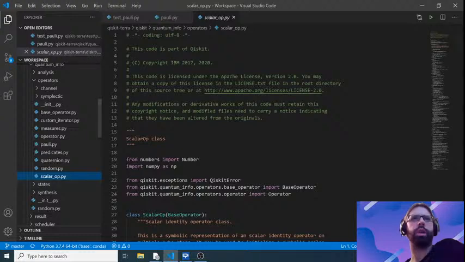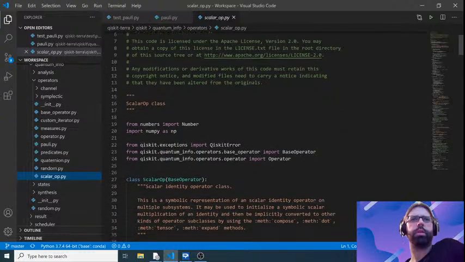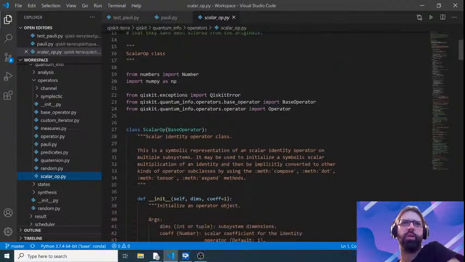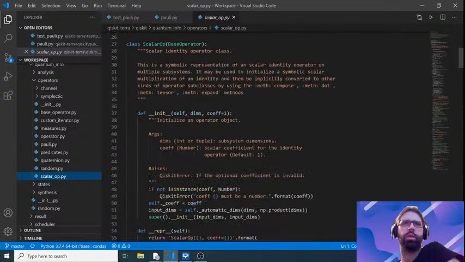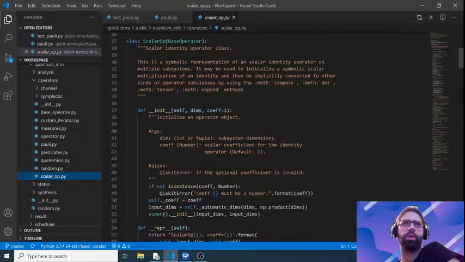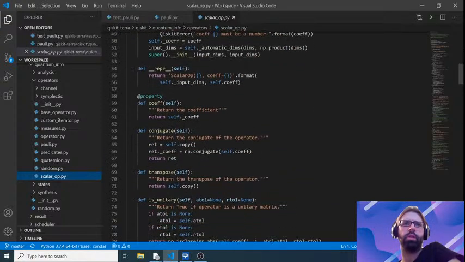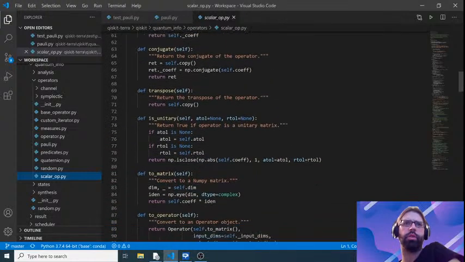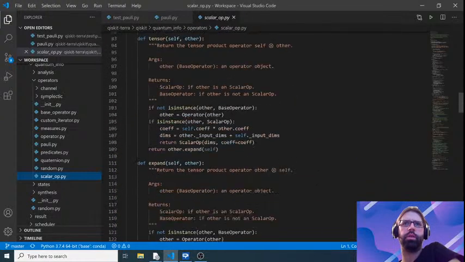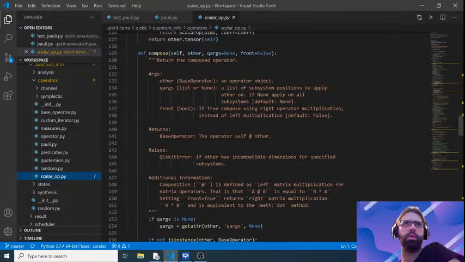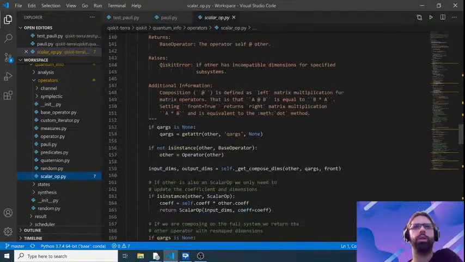Scalar op. This is a symbolic representation of a scalar identity operator on multiple subsystems. It may be used to initialize a symbolic scalar multiplication scalar identity operator. What is this? Conjugate transpose is unitary to matrix tensor. So that is a concrete operator.